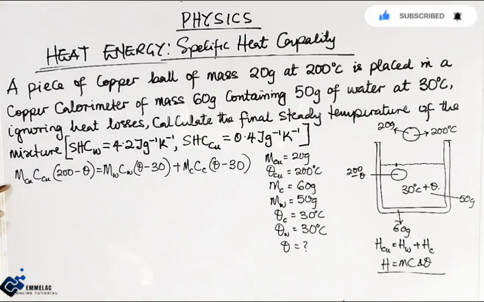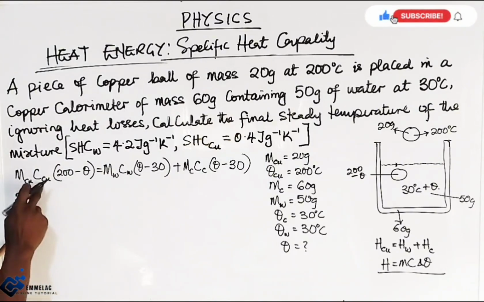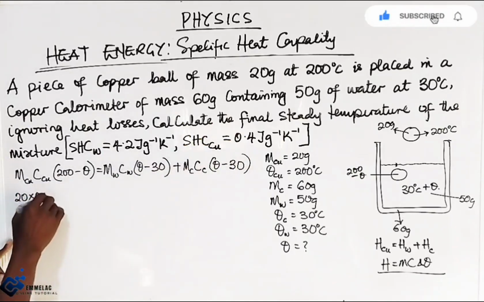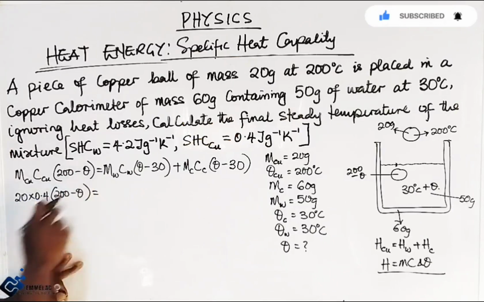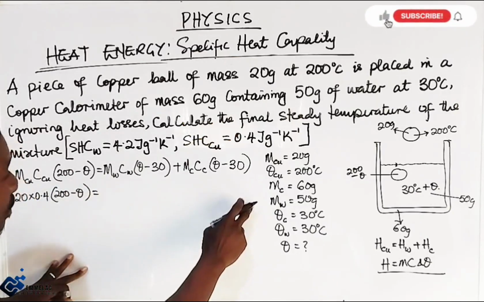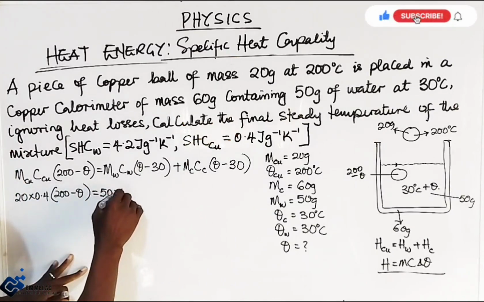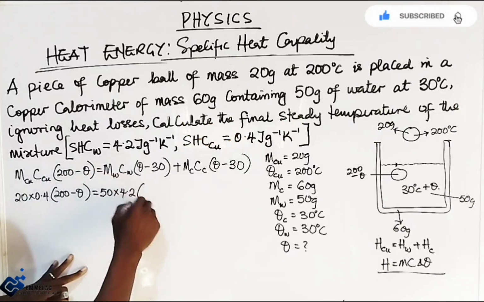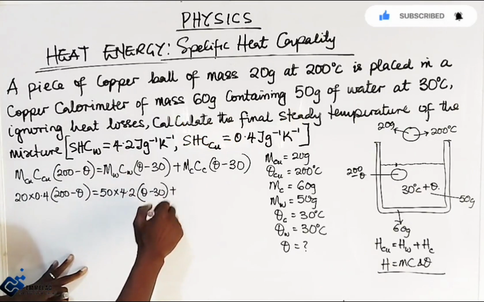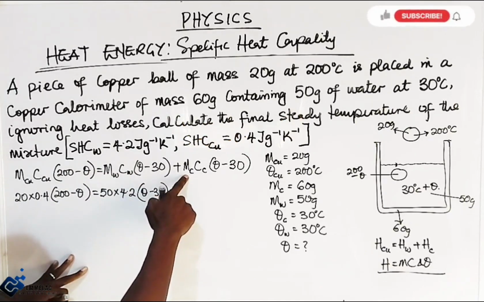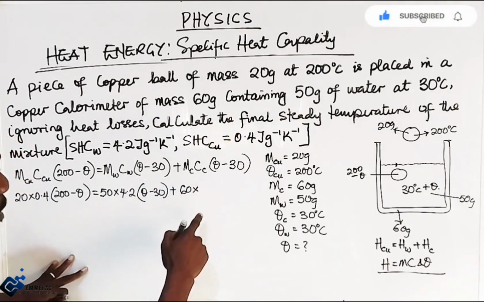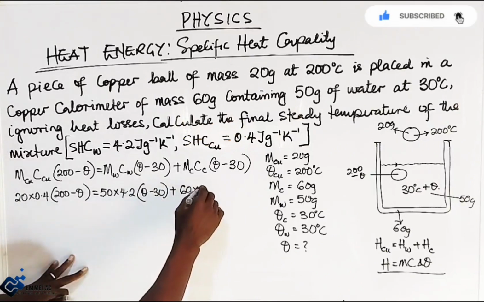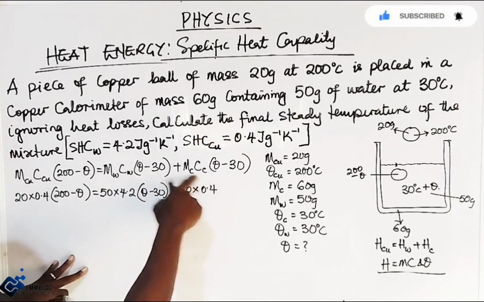For the mass of copper, which is 20, that will be 20 times the specific heat capacity of copper, 0.4, then 200 minus the final temperature, equals the mass of water, 50, times 4.2 as given, then theta minus 30, plus the copper calorimeter, the mass is 60, times 0.4.